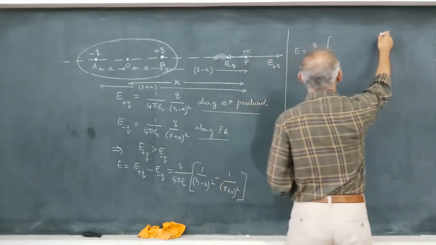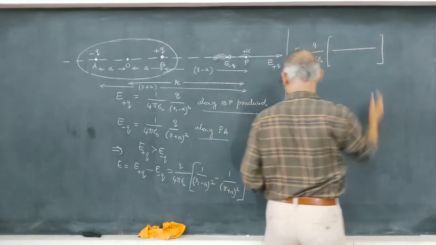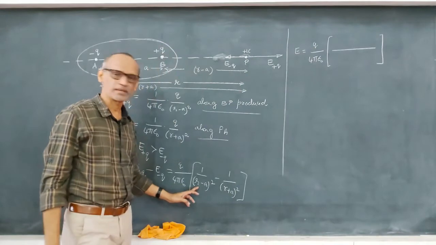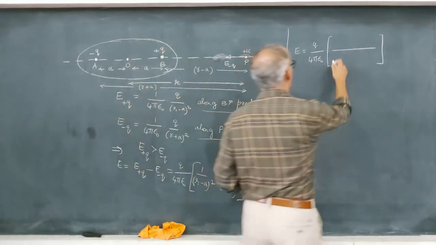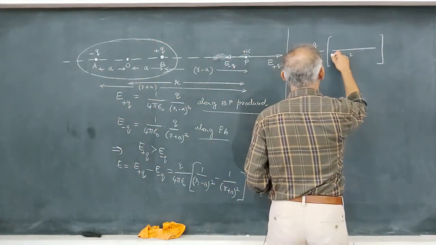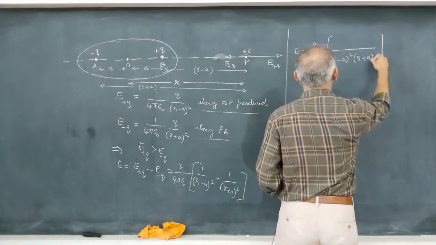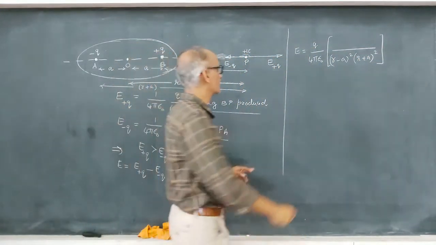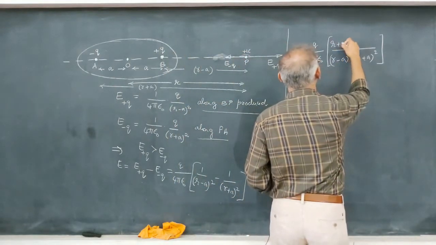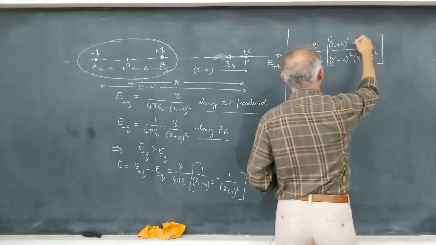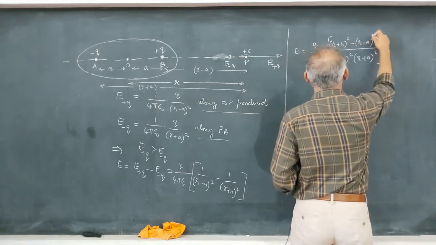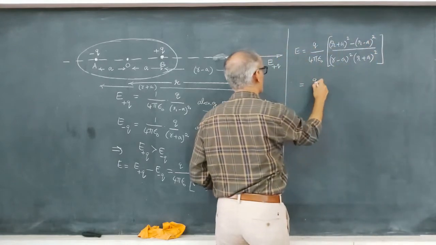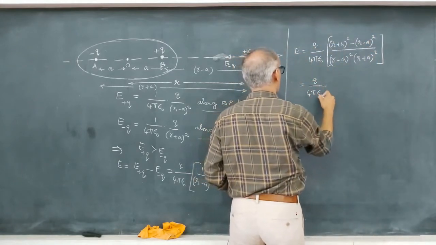You take the LCM here, R minus A the whole square into R plus A the whole square. Okay. So what you get in the numerator is R plus A the whole square minus R minus A the whole square. That's equal to Q by 4 pi epsilon naught.